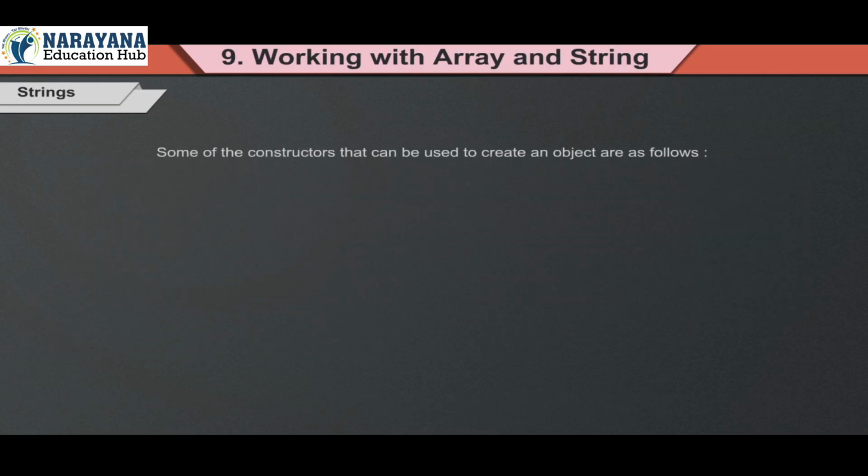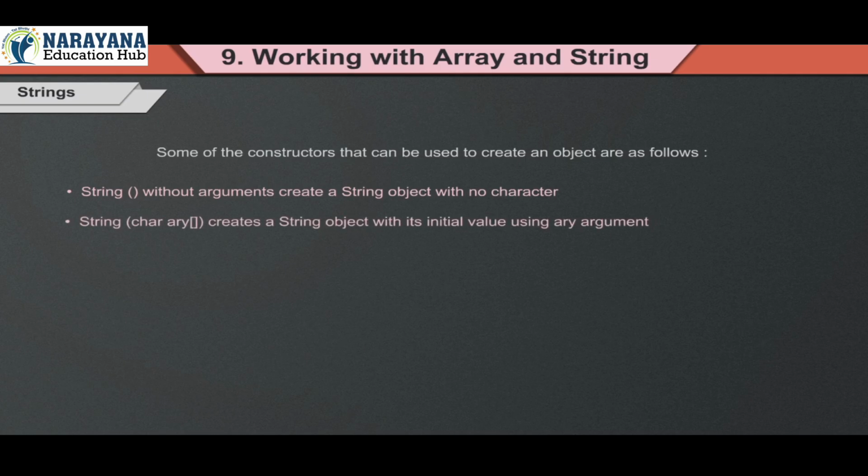Some of the constructors that can be used to create an object are as follows. String() without arguments creates a string object with no character. String(char array[]) creates a string object with its initial value using the array argument.